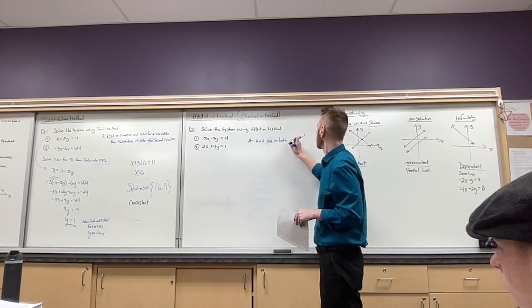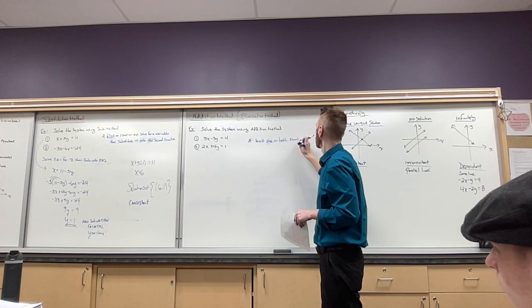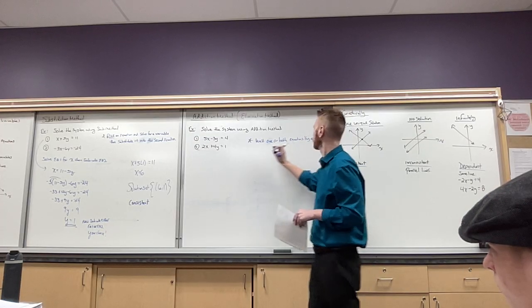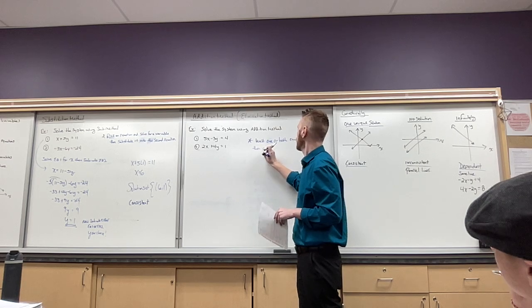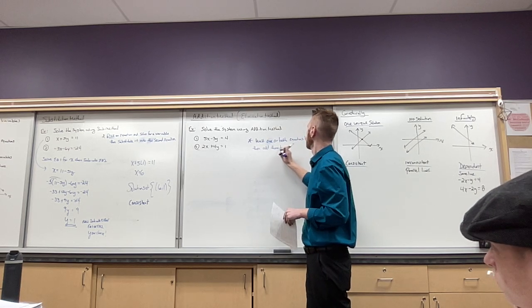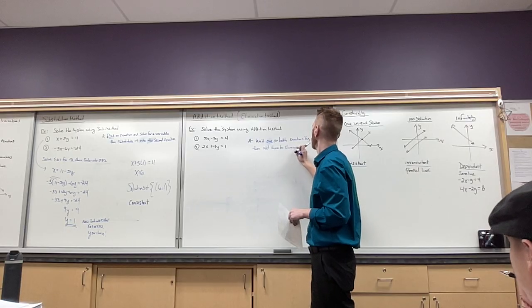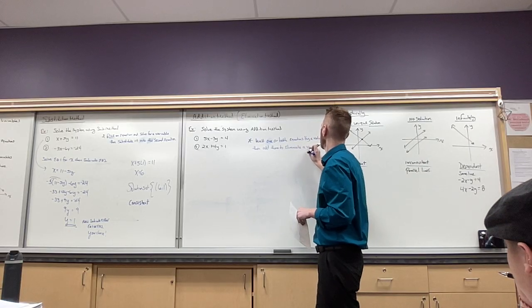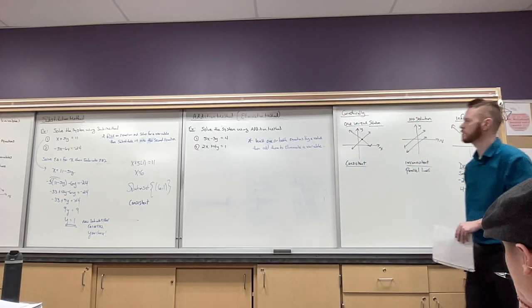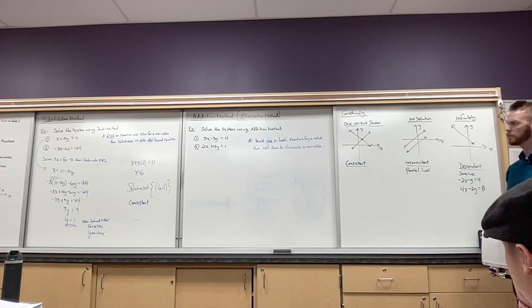But multiply 1 or both equations by a value, then add them to eliminate a variable. There we go. Okay, so multiply 1 or both equations by some value, then add to eliminate a variable. Okay?